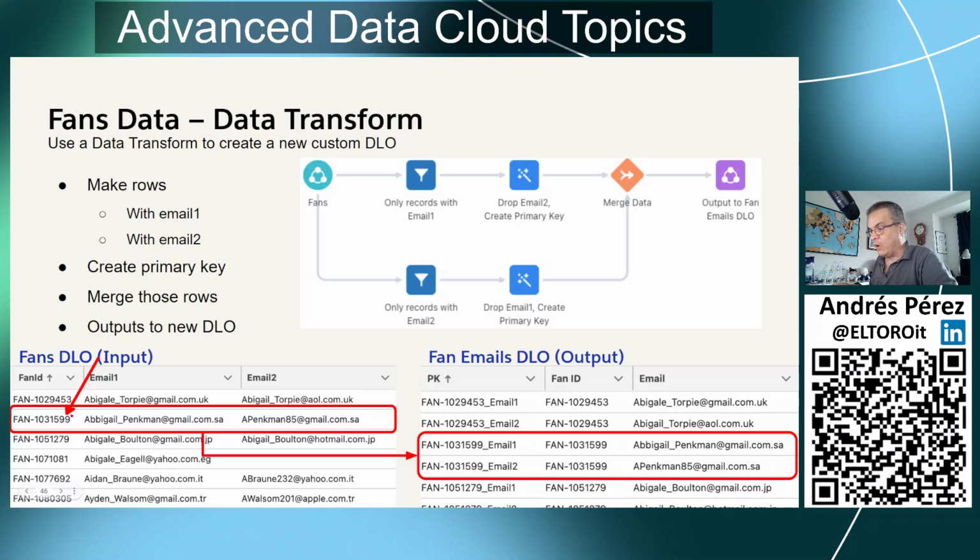But now that I have a 1 to 2, I cannot have the same primary key because primary keys are unique. So one of the things that the data transform does, and we'll see that in just a little bit, is it creates a value by just writing the word email 1 and email 2.